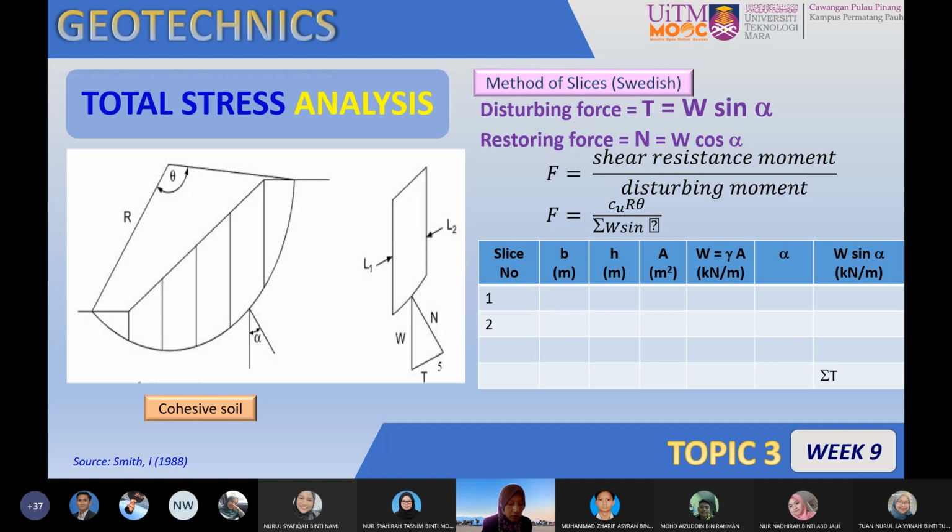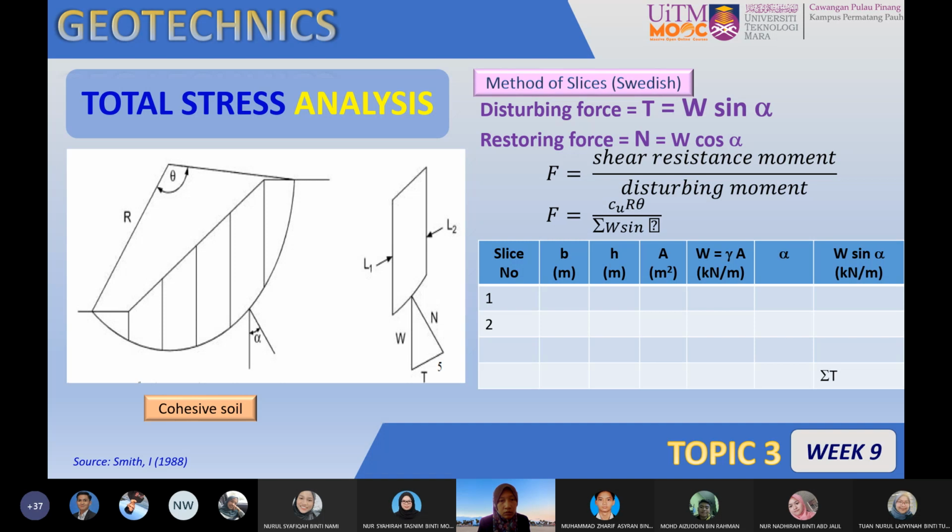In this kind, you need to find the alpha, the interslice angle, and then you have to resolve W, the weight of each slice, into two components, N and T. The component N is called the normal force at the base of the slice. Meanwhile, the component T is the shear force at the base of the slice.